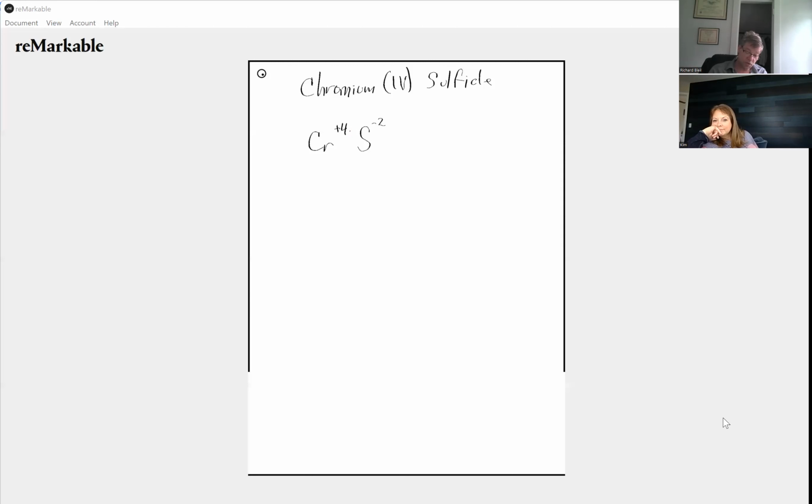Now we do our usual cross trick. And we get Cr2S4. Is that correct?